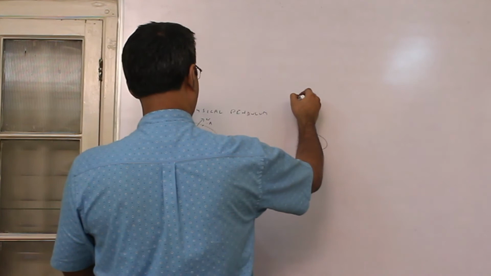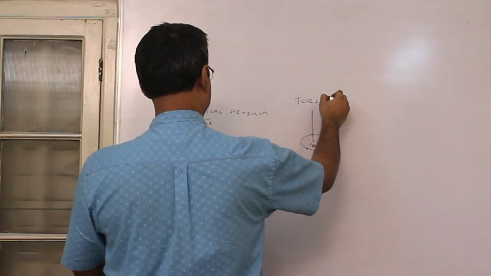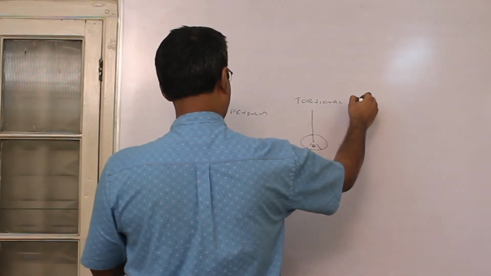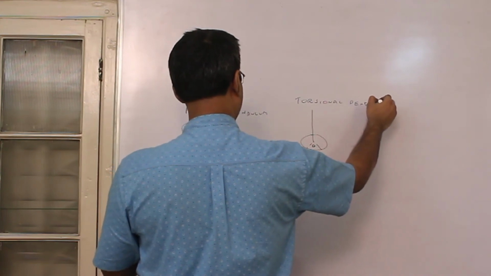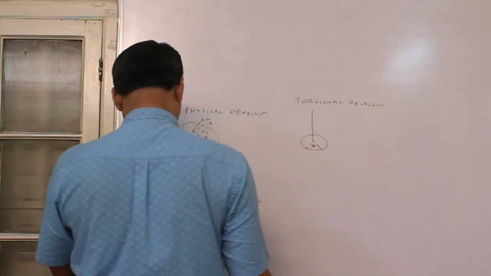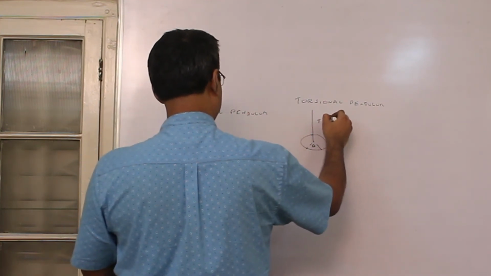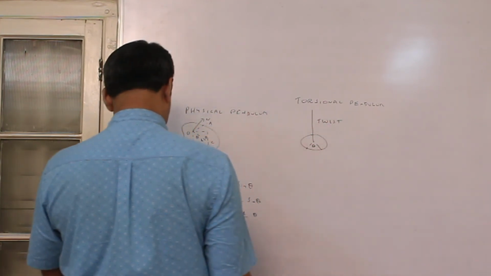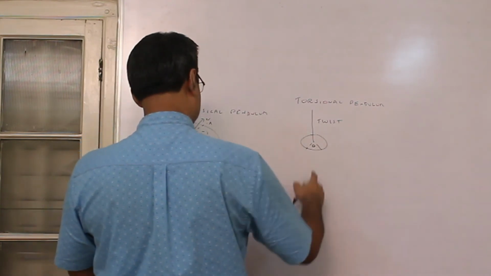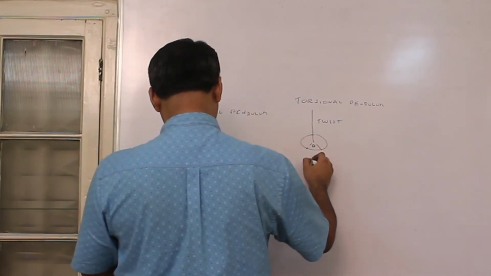Next we come to torsional pendulum. Basically this is a wire which is capable of sustaining a twist. Suppose the angle of twist is theta.